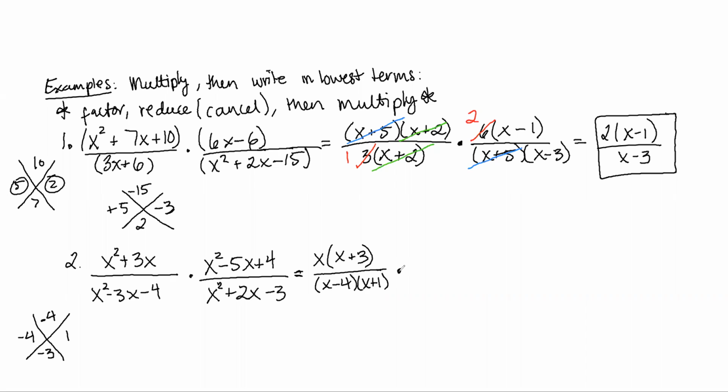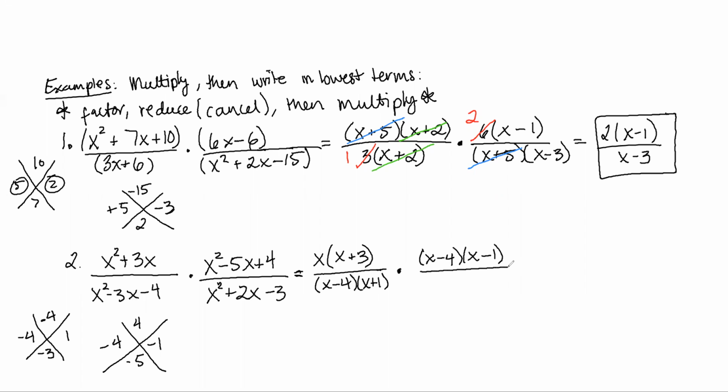times our next fraction. In this one, we're going to multiply to 4, add to a negative 5. Anytime you're multiplying to a positive but adding up to a negative, we need 2 negative numbers. So we're going to have negative 4 and negative 1. So we have x minus 4, x minus 1.